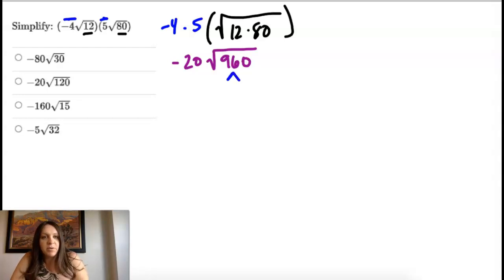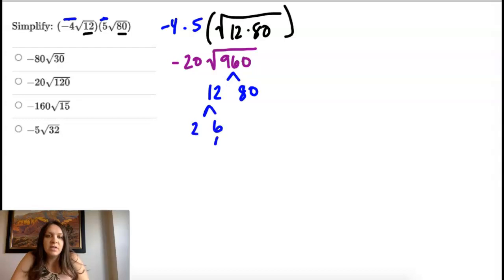So I'm going to go back to what I had here. I know that 960 is 12 times 80, right? And then I can continue my factor tree. So 12 is 2 times 6, and 6 is 2 times 3. So that's my factors for 12.